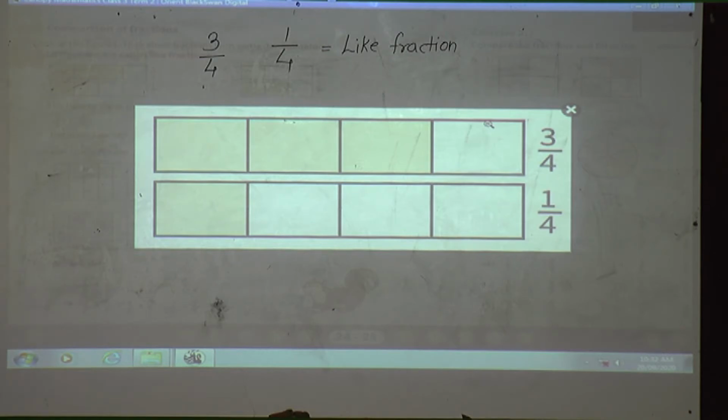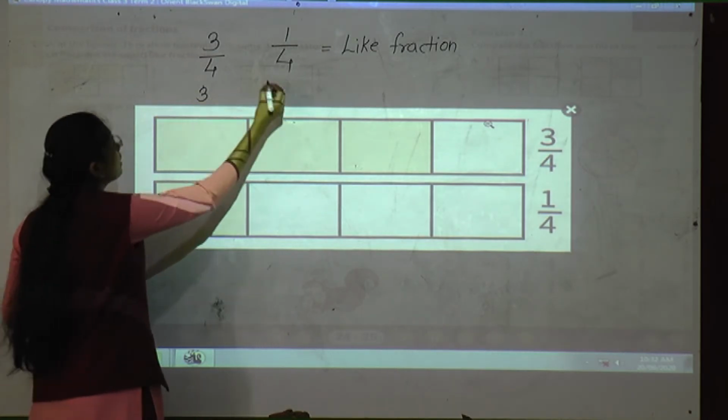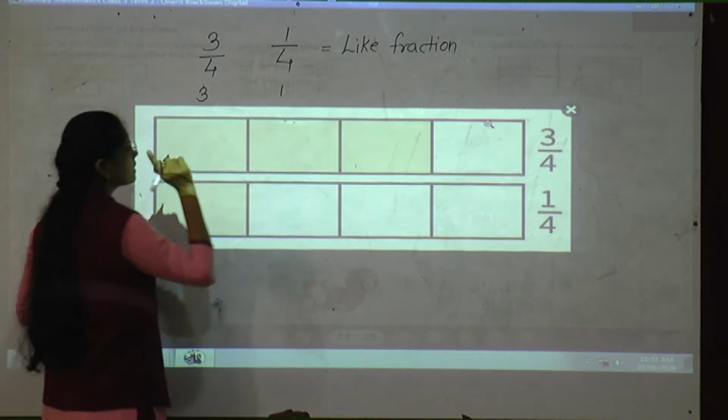Okay. Now we have to do the comparison of these two fractions. For that, if the denominator is the same, then we have to see the numerator. Now see here, in this fraction the numerator is 3 and in this fraction the numerator is 1.